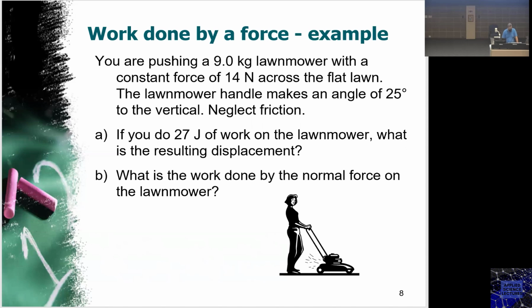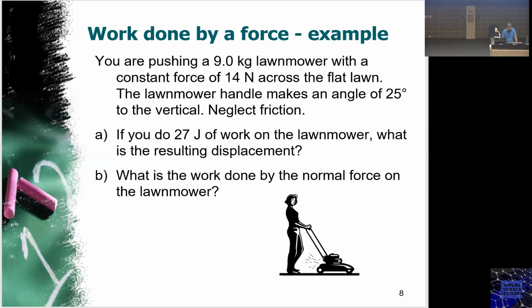In this example, you're pushing a 9-kilogram lawnmower with a constant force of 14 Newton across a flat lawn. The lawnmower handle makes an angle of 25 degrees to the vertical. Neglect friction. It is extremely important to pay attention to the angle and the reference of the angle. So the angle is between the vertical axis and the force.